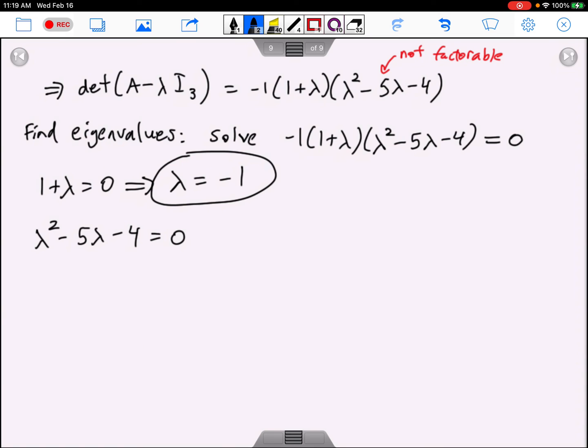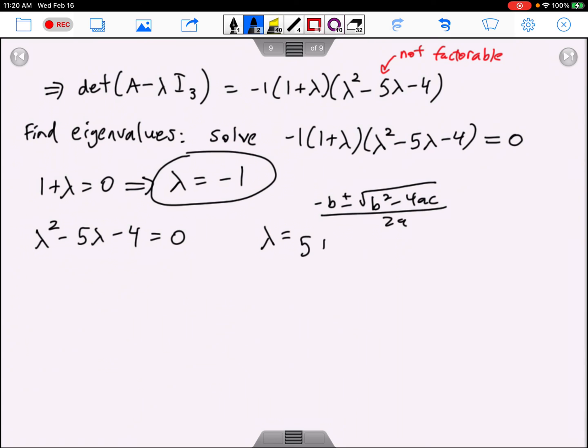Note that because this doesn't factor, the only way to solve and find these two eigenvalues is to use the quadratic formula. So we get lambda equals, remember, the quadratic formula would be negative b plus or minus the square root of b squared minus 4ac all over 2a.